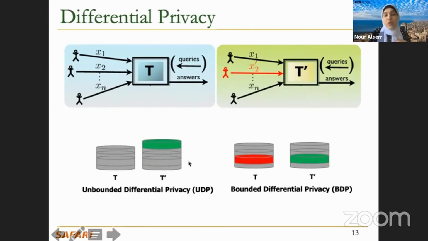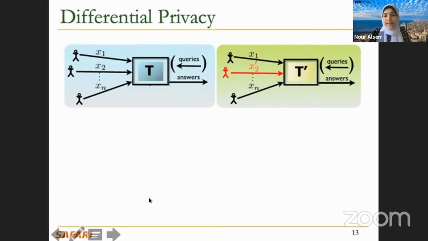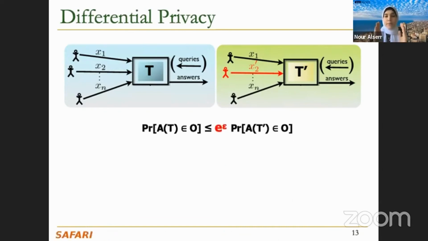If one of them has one extra row, then we call it unbounded differential privacy. Now, the main idea here is that we want the probability of having an answer from T and the probability of having an answer from T bar to differ only by a bounded multiplicative factor, shown here as e to the power epsilon.